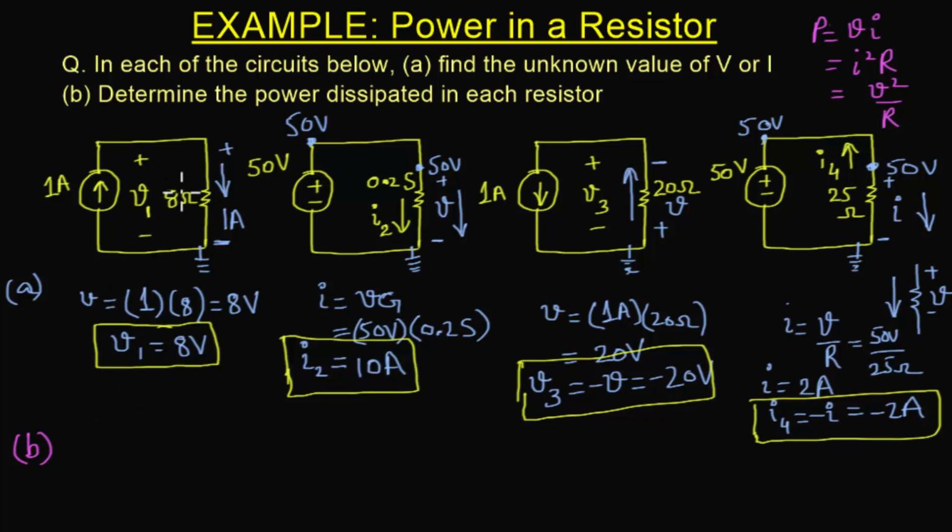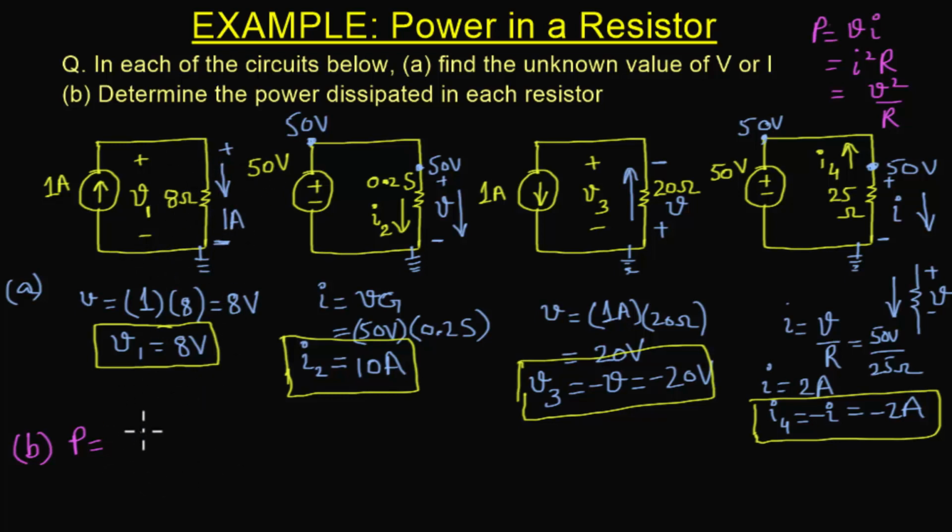For this resistor, let's start with the simplest one, P equals VI. Now, since we know that the resistor is always going to dissipate power, and as per passive sign convention, the dissipated power is positive, we don't need to worry about the signs of the voltage or the directions of current.